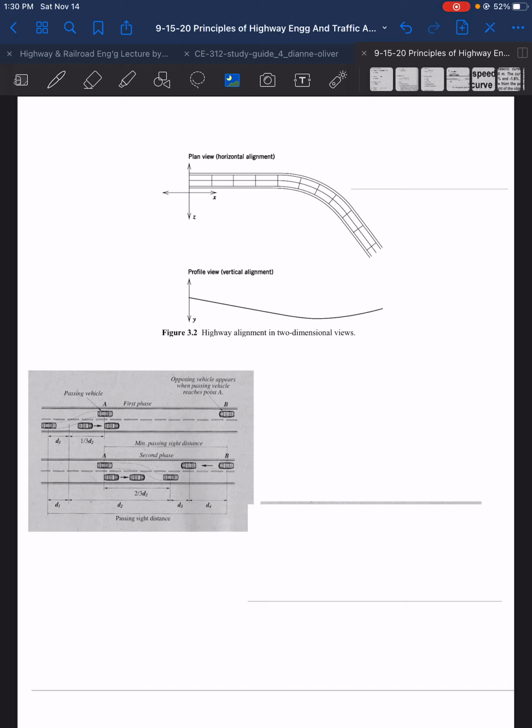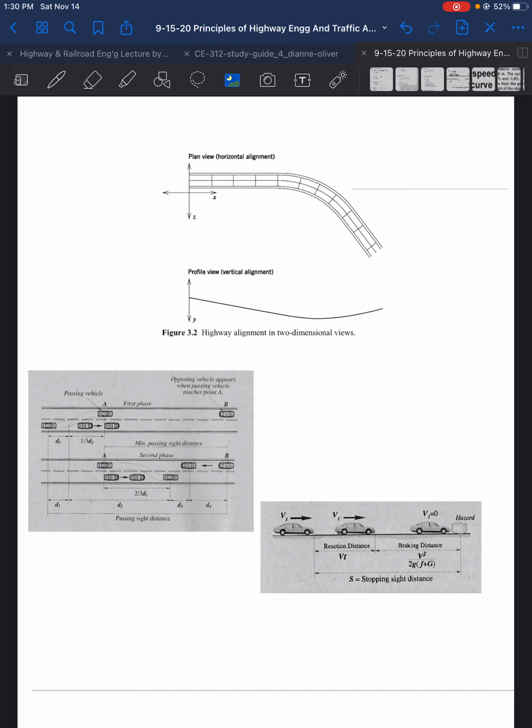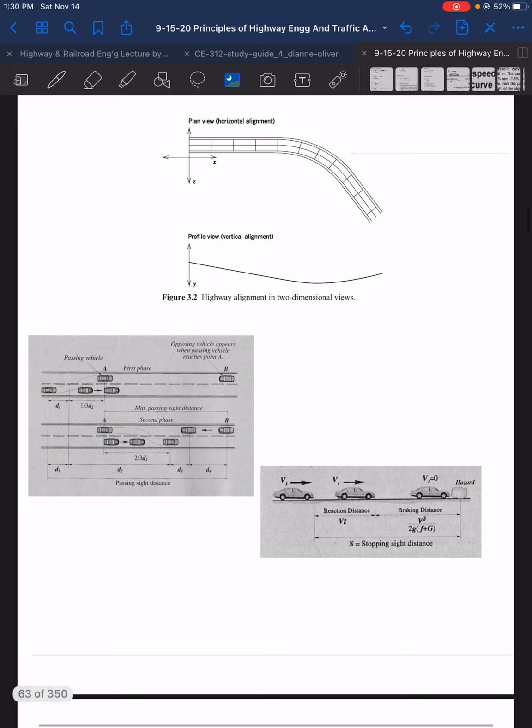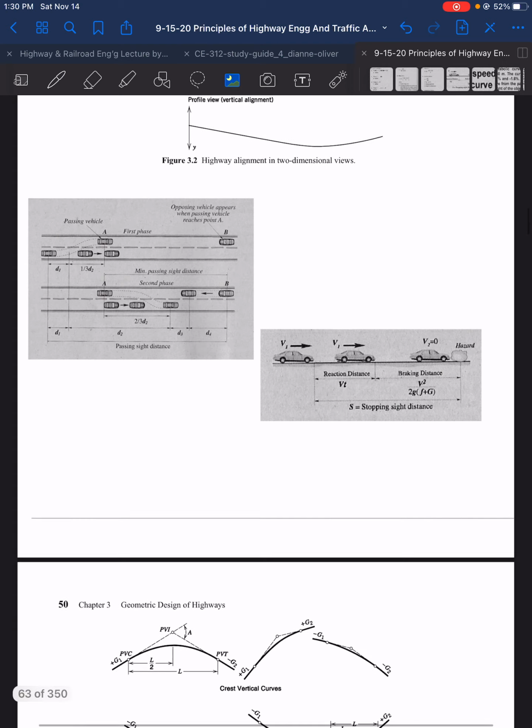Whereas the profile view, we discussed in stopping sight distance, where the level of the highway is horizontal, but we're looking at it from the side in the profile view.